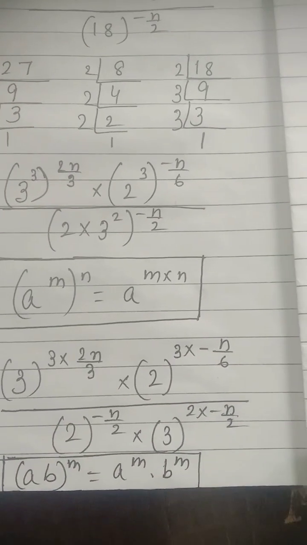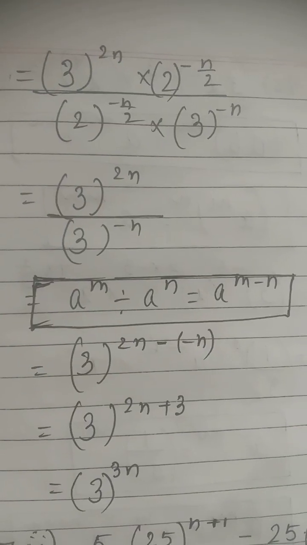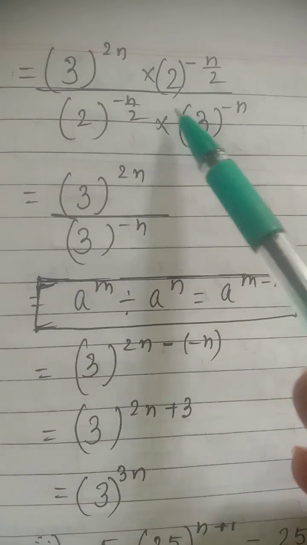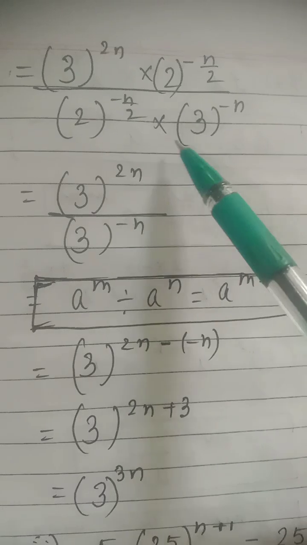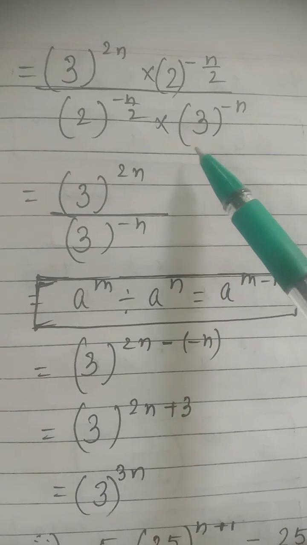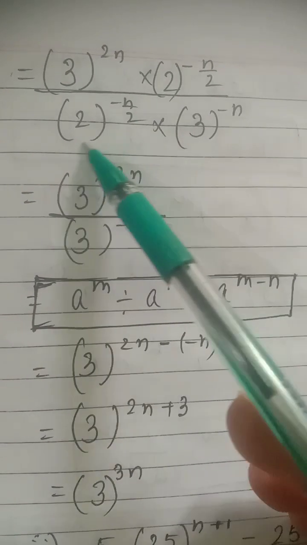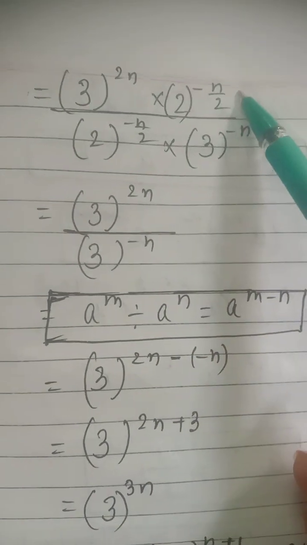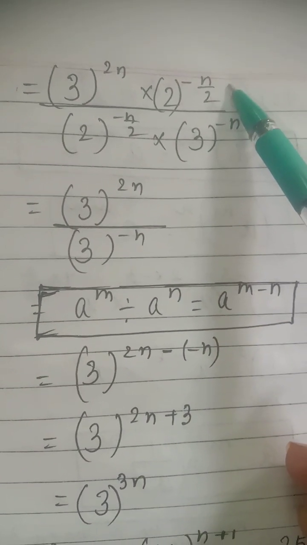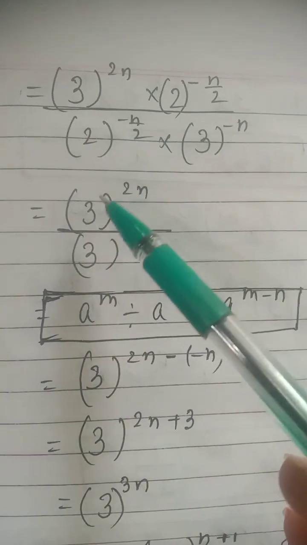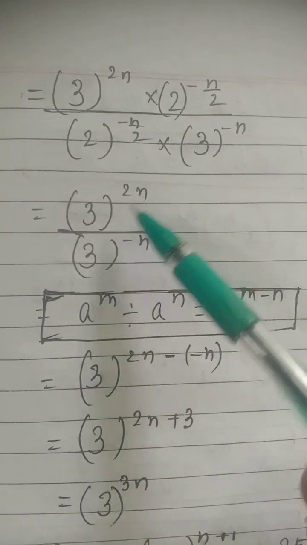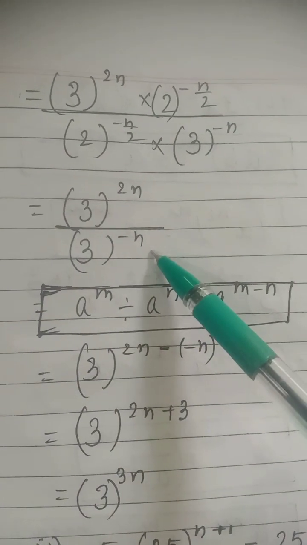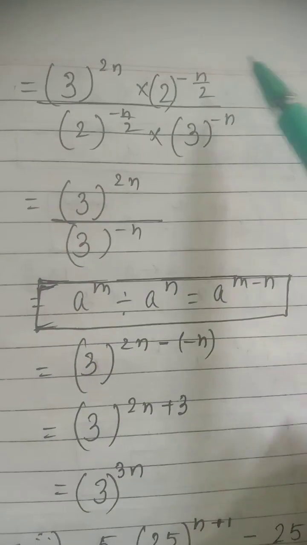So accordingly we'll be writing it. After getting it, finally what we found here is that 2 to the power -n/2 and 2 to the power -n/2 will be cancelled with each other. So what we will get here is 3 to the power 2n divided by 3 to the power -n, because this will be cancelled.